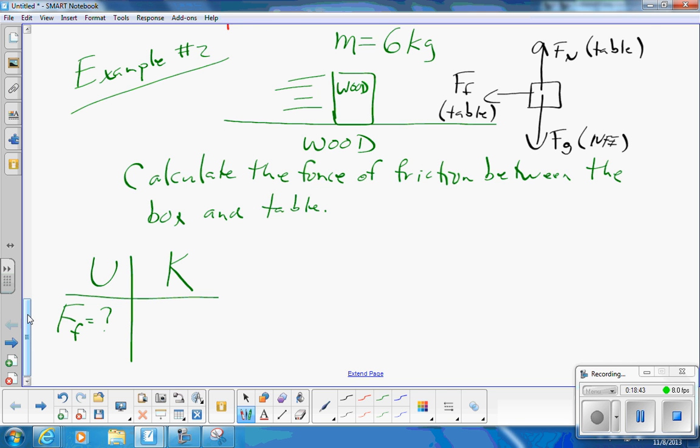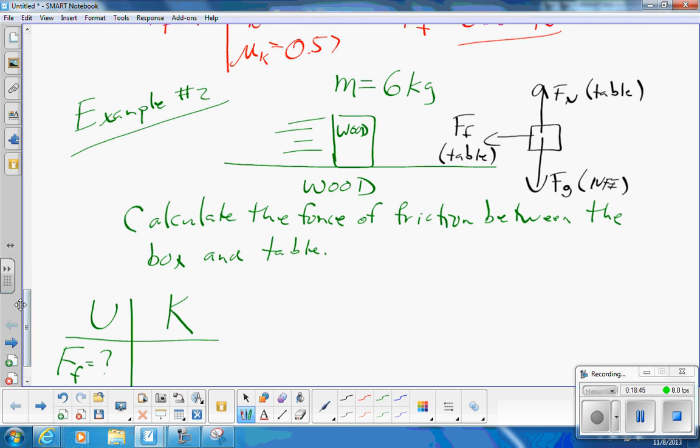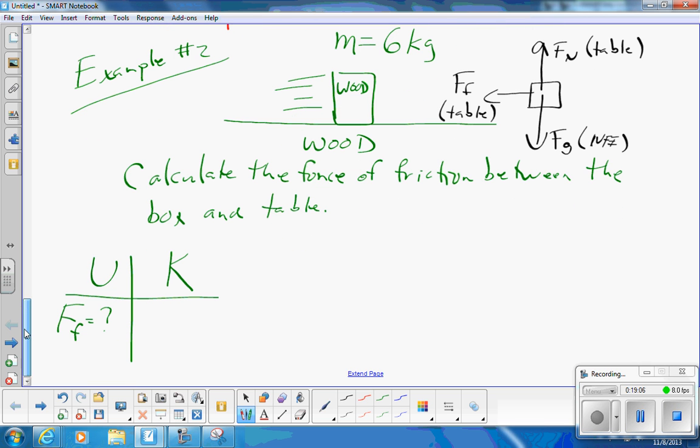I don't know if there's a force to the right or not. They never told me if someone's pushing it at constant velocity, or if it was pushed earlier and is now sliding to a stop. I have to assume there's no force at all, so I can't learn the size of the friction force from any force in the other direction.